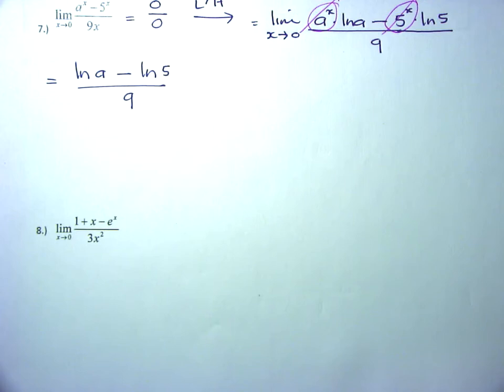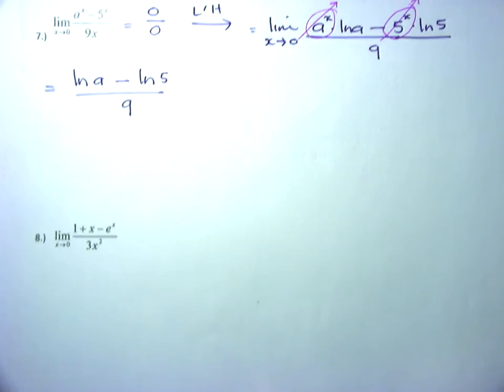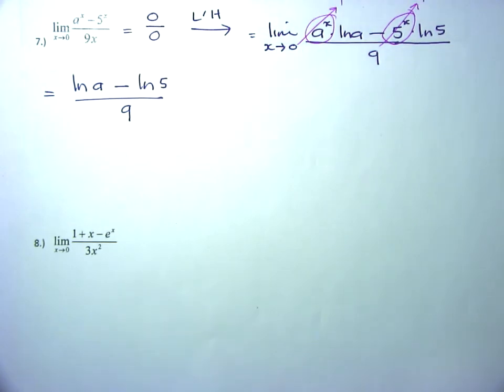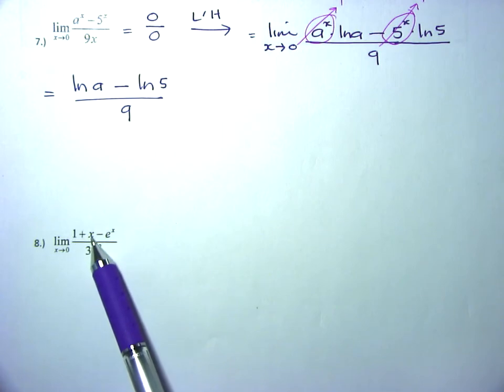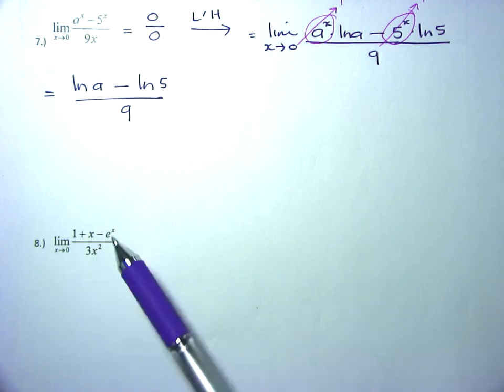All right, problem number 8. We have the limit as x approaches 0 of 1 plus x minus e raised to the power x, divided by 3x squared. Again, let's see what happens when we plug in 0 for x. I will have 1 plus 0 minus e raised to the power 0, which is equal to 1.